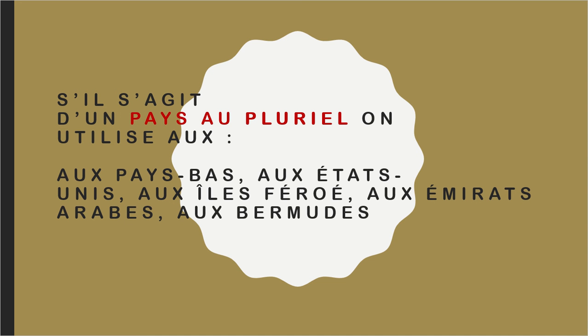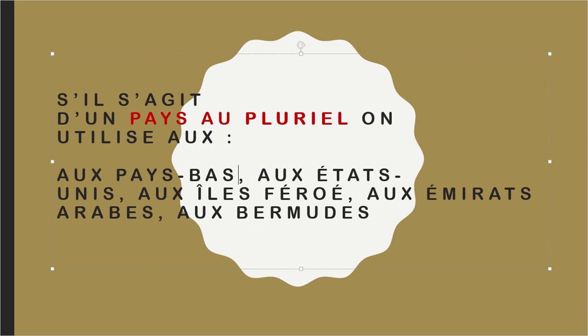And another important rule is this, an easy one. If a country is plural in nature, for example, United States of America or Emirates, and also some places and countries we call in plural form in French, for example, aux Pays-Bas.